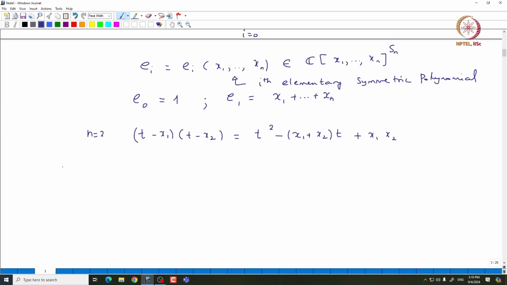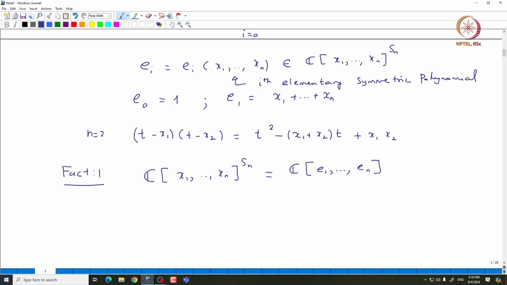Now, what is the fact? Fact 1 says that the symmetric polynomial algebra in x1 etcetera xn is indeed the polynomial algebra in E1 etcetera En. This is not very hard to prove, so I will leave it as an exercise.